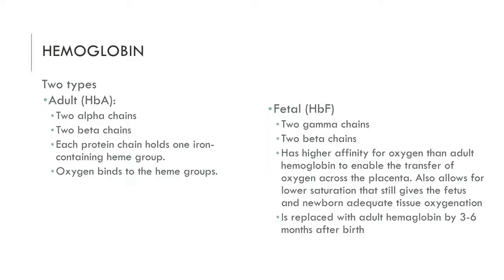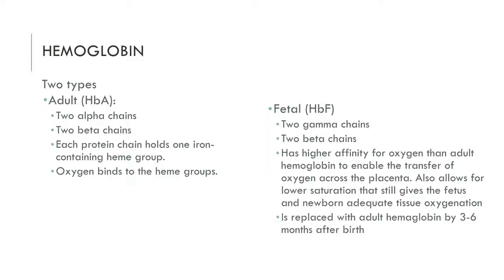The gamma chains give it a higher affinity for oxygen than the adult hemoglobin. In other words, the gamma hemoglobin has a stronger pull towards the oxygen, and it tends not to let go of it as easily either.